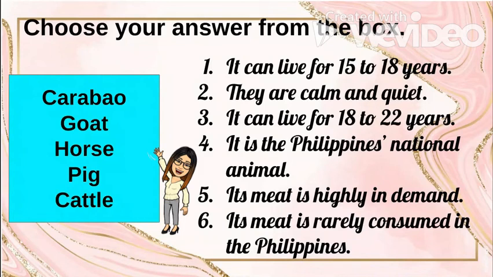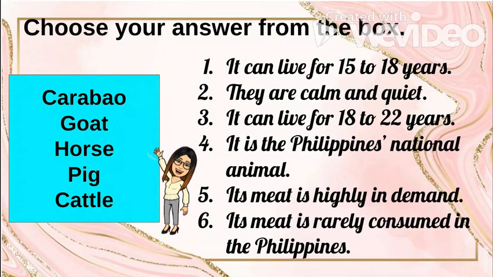We have here the choices: carabao, goat, horse, pig, and cattle. You will just choose your answers from the box. And after answering this, you need to submit your answers in the HELE course page for the second reading period. Are we clear?